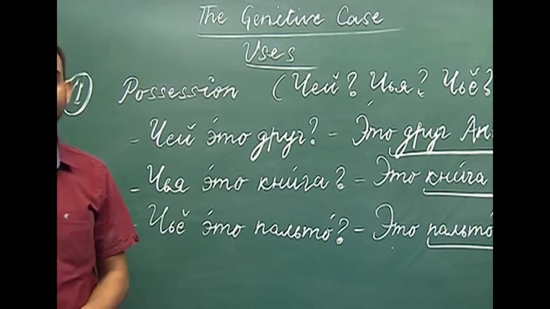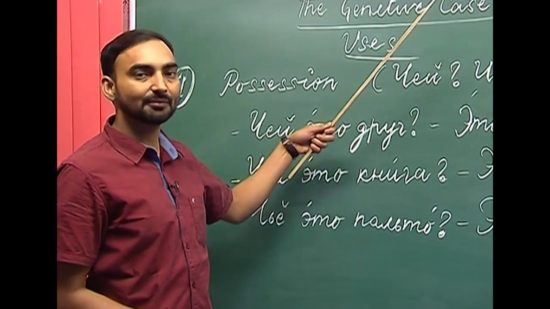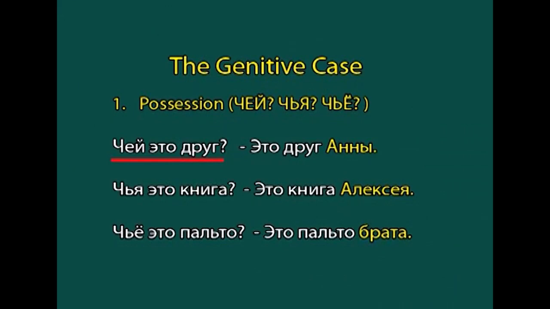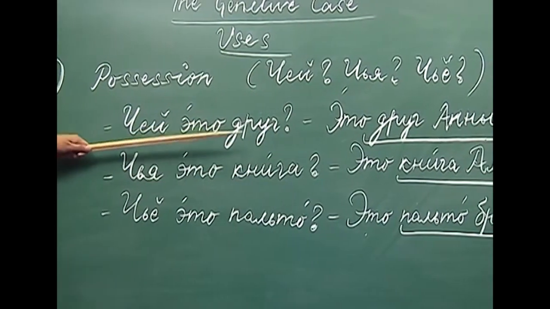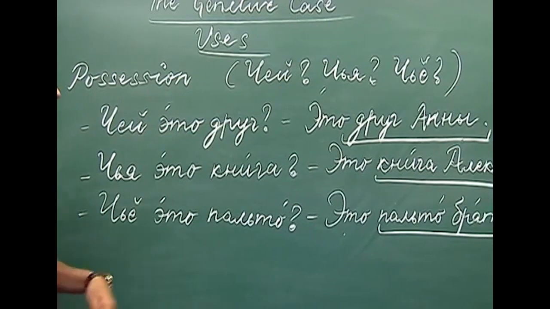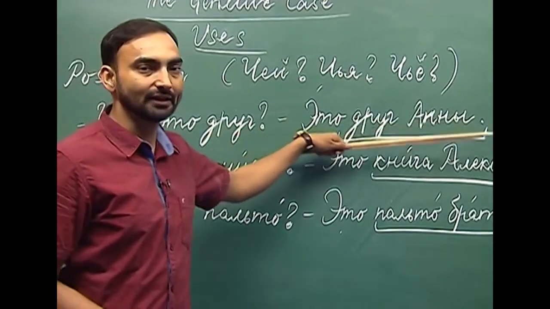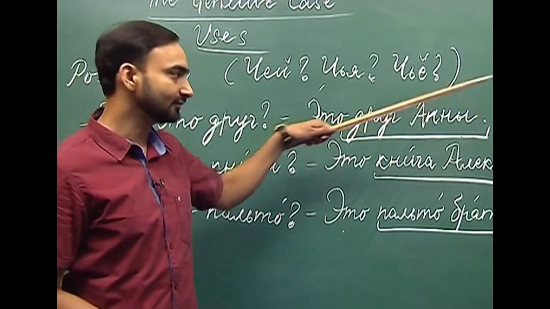Obviously, when you denote the possession, you will ask whose is something, and then the person will answer this is someone's something. For example, Чей это друг? Whose is this? Friend. And here I have written the answers also. Это друг Анны, this is Anna's friend.